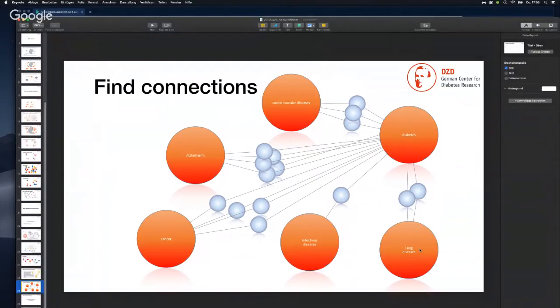So we got lung fibrosis as a long-term complication from diabetes. So we take all the publications that we get from PubMed, can also be not from life sciences, but from, I don't know, something else, physics or something. And we try to find new connections that we didn't see before. So we're not focusing on only diabetes.